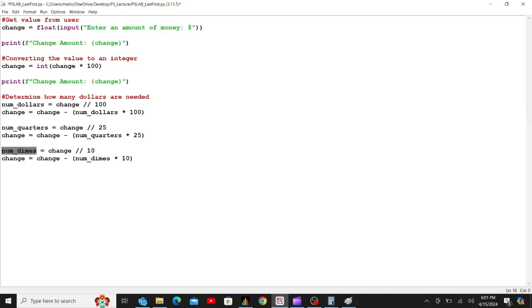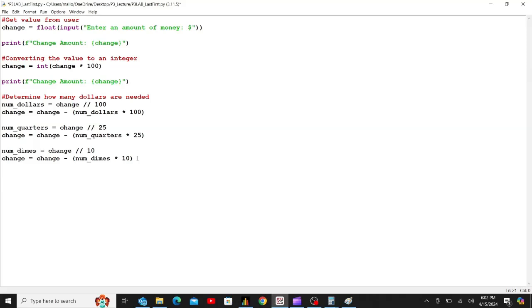So num dimes is now 2. It's 2 here as well. So we take 2 times 10, which becomes 20, and this is still 24. So if we take 24 minus 20, well, we end up with 4 cents left, right? We still owe the user 4 cents. All right.